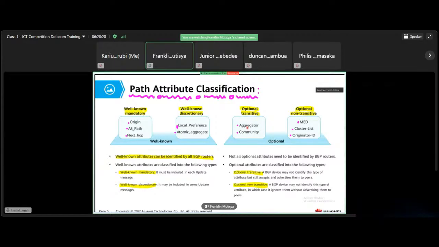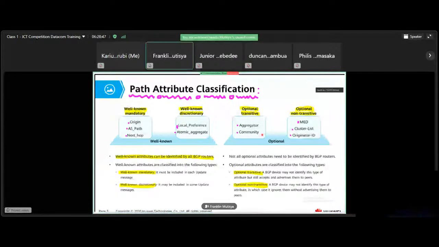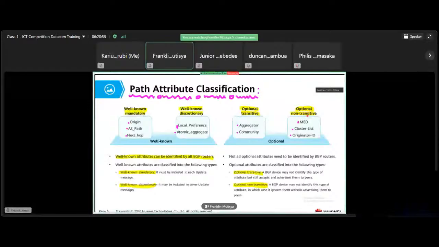Now, the community attribute is used to indicate routes that require the same treatment on the BGP network. So we use the optional transitive community attribute to refer to attributes within the network that need to be treated similarly. Then we have the optional non-transitive.